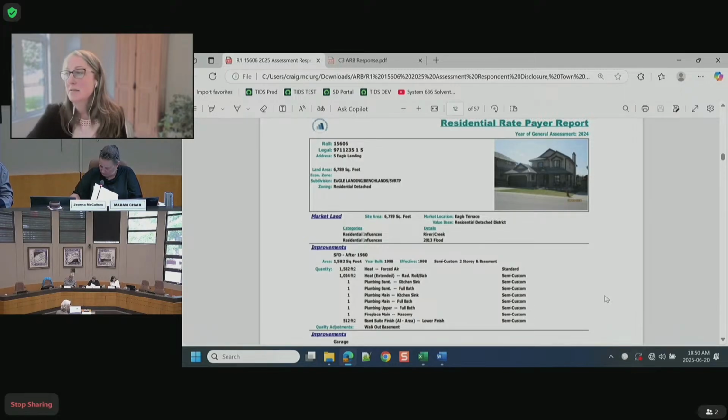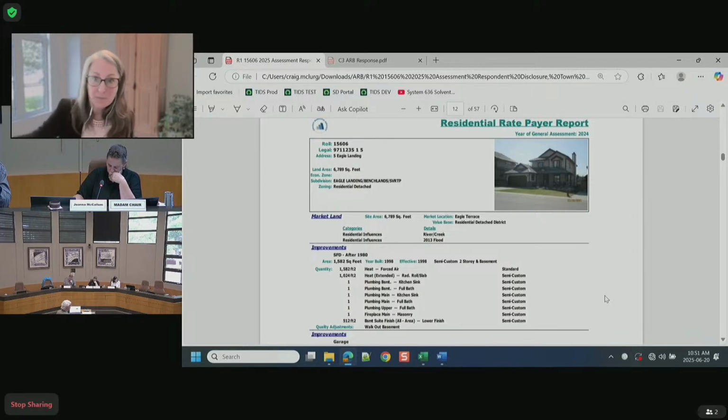And it's also, like mentioned, the 2013 flood was 12 years ago, and any issues with condition of the property due to that flooding have long since been repaired. In addition, the complainant hasn't raised that there were any condition issues as a result of the flood 12 years ago.